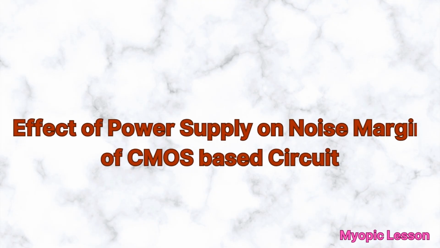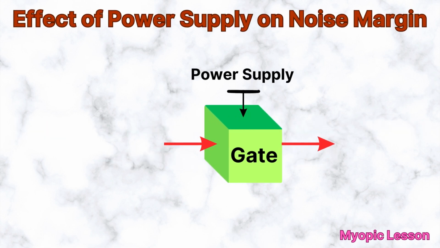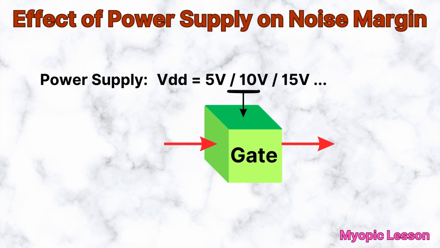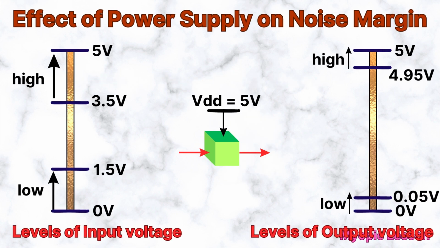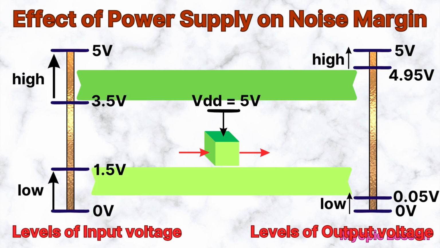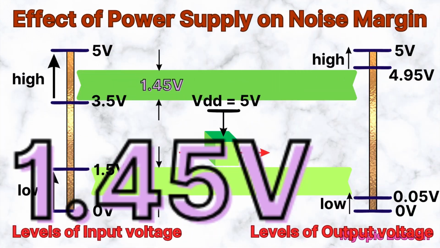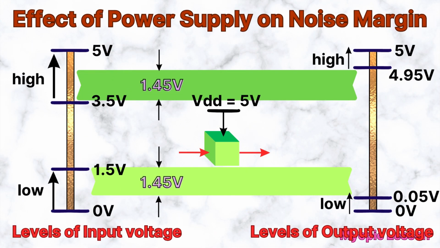Now, we would like to investigate the effect of power supply voltage on noise margin of CMOS-based gate. The power supply is considered as 5 volt, 10 volt and 15 volt for illustration. When the power supply is at 5 volt, the noise margin is 1.45 volt for high level as well as for low level.